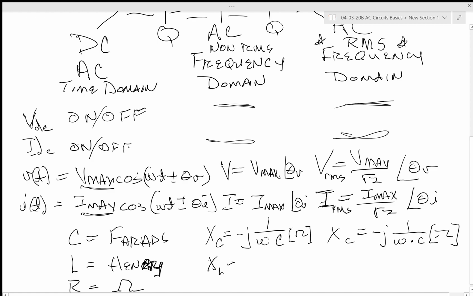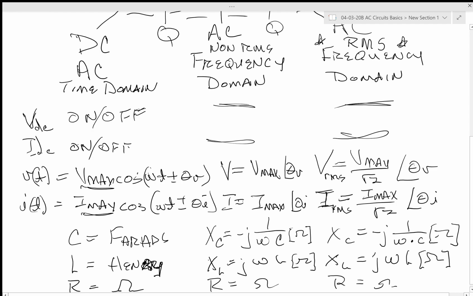XL was J omega L in both domains. Notice again that these are ohm values. J omega L in ohms. And then the resistors were real numbers, and their unit, if you want to say, was in ohms.